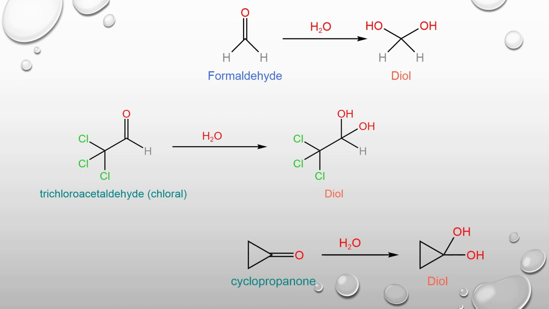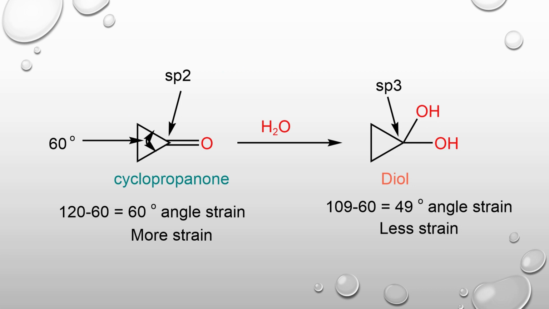Now, if I ask you whether hydration is possible for cyclopropanone, the answer is yes. But the explanation here is a little different. The bond angle of an sp2 hybridized carbon atom is 120 degrees, and in cyclopropanone, the carbon of the carbonyl group has a bond angle of only 60 degrees because it is restricted in a triangular structure, which means 120 minus 60, a 60 degree distortion.